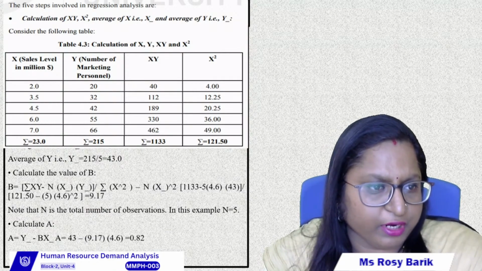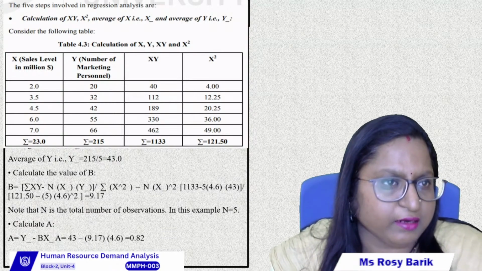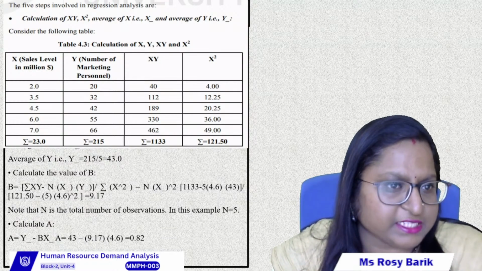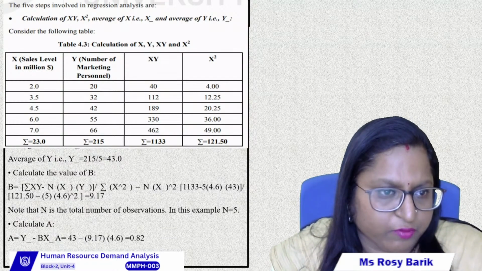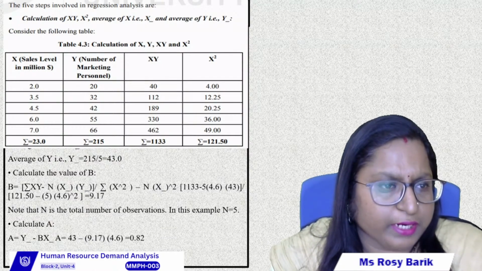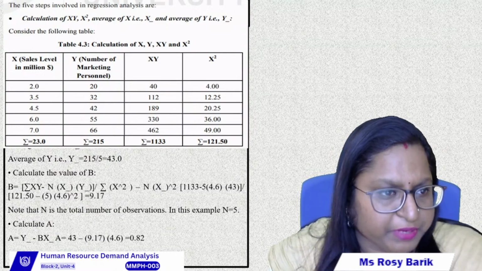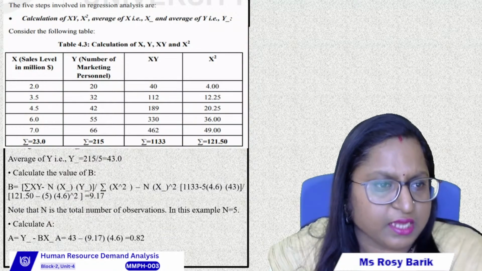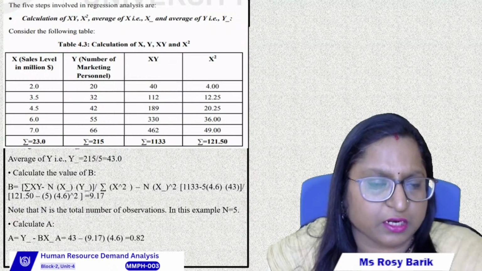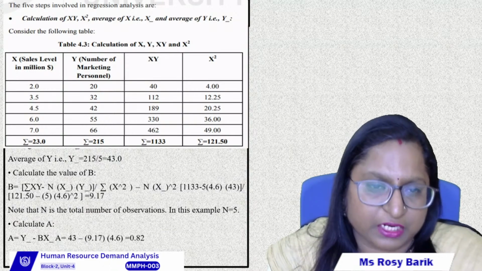So here if we calculate the average of x, that is summation of x divided by 5, which will be equal to 4.6. So by calculating the value of b, here we can put the formula, that is b is equal to summation of xy minus n into x bar into y bar, divided by summation of x square minus n into x bar square.